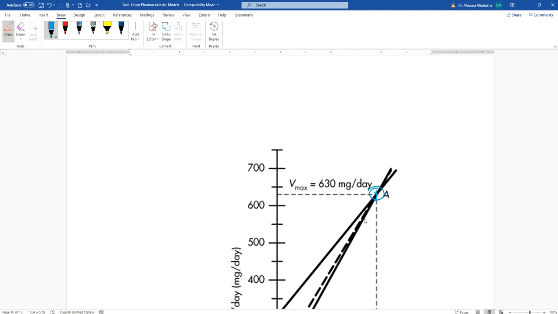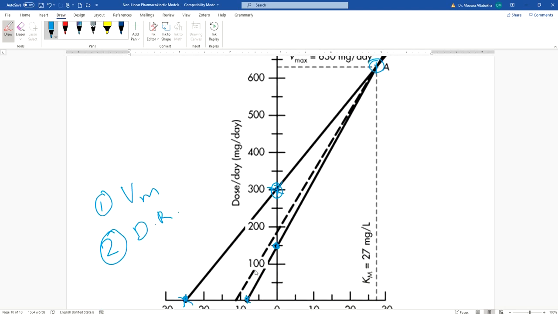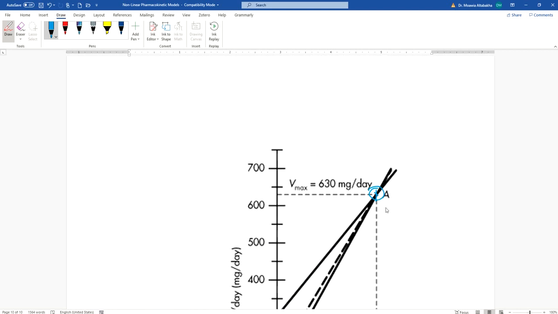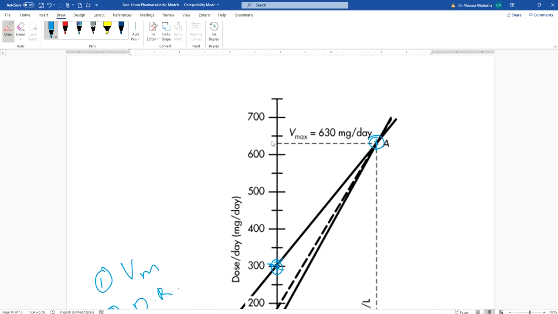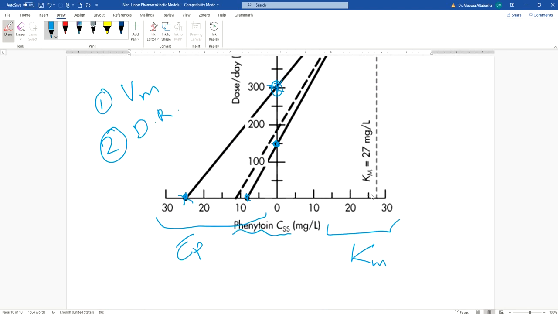Forget now about this dashed line; these two lines meet at this point. Now make a horizontal line to meet with the vertical axis, and a vertical line to meet with the horizontal axis. So you get this number and you get this one.